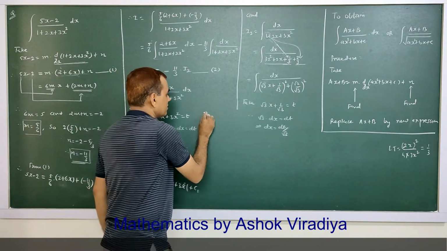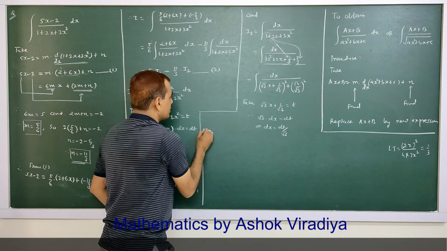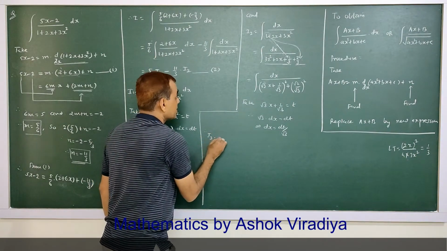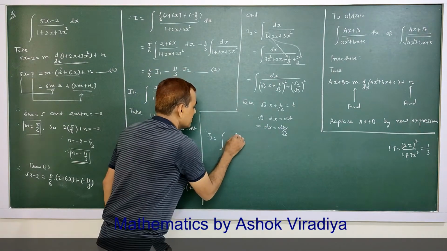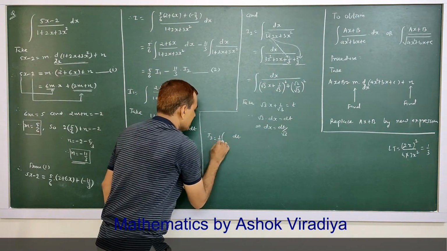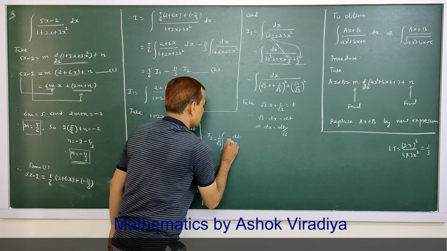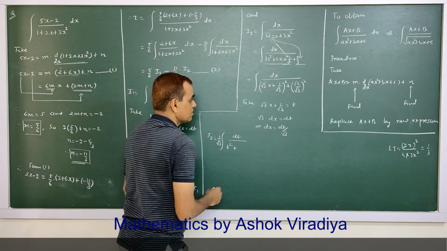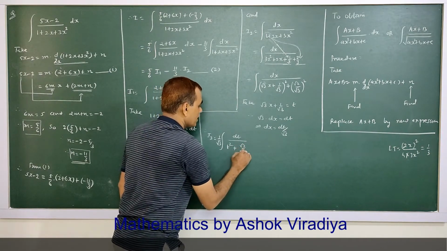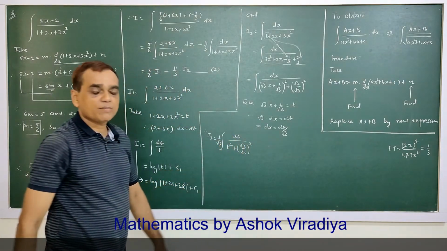So therefore I2 is integral of dt by root 3, this was t upon t square plus root 2 by root 3 square. So it is 1 upon x square plus a square.